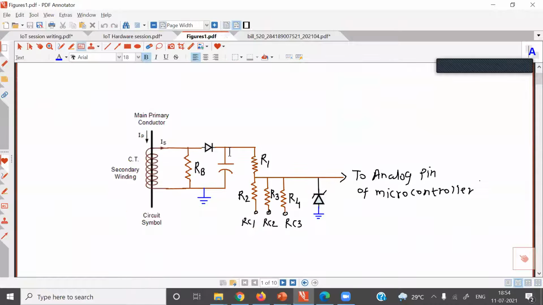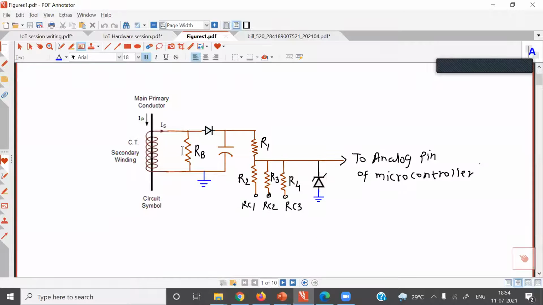There are multiple ways to design the signal conditioning circuit for measurement of AC current. Understand first circuit. In the first circuit, this is the CT coil. This is the symbol of CT. Primary of the CT is shown. Primary of CT is nothing but current carrying conductor.